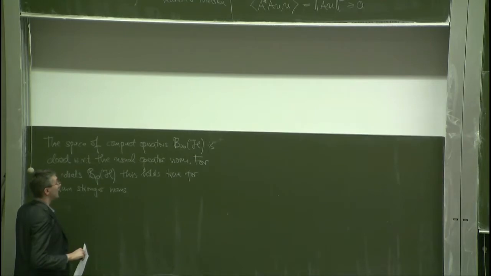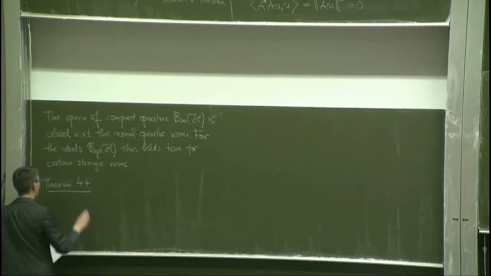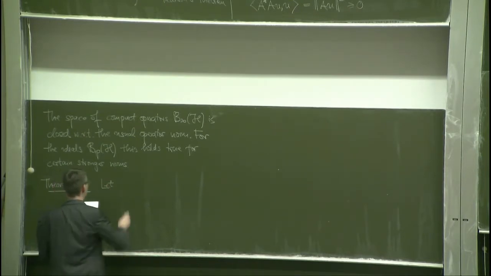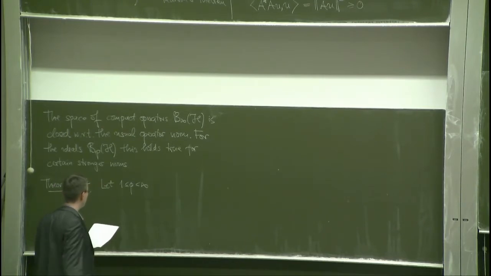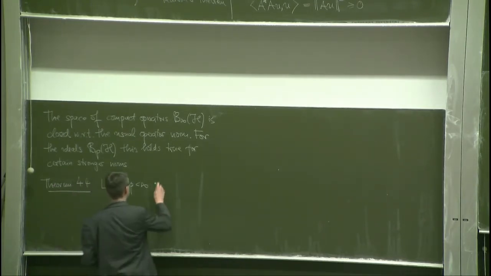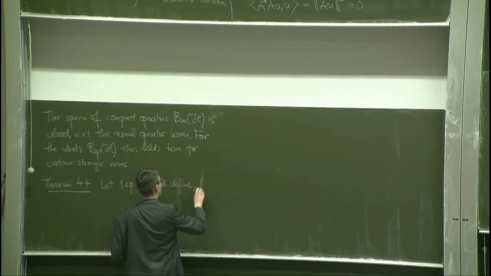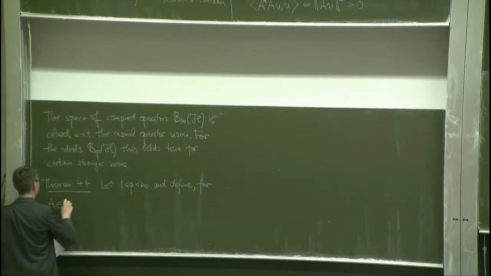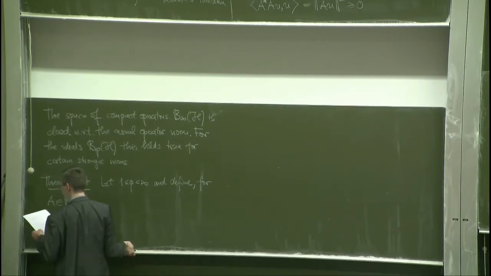And this is what I would like to consider in theorem 4.4. So theorem 4.4, let again p be between 1 and infinity, and I exclude the compact case here, and define for an operator A in Bp of H the following norm.